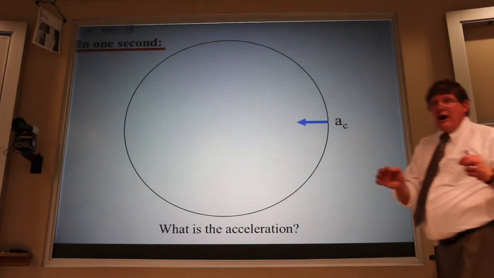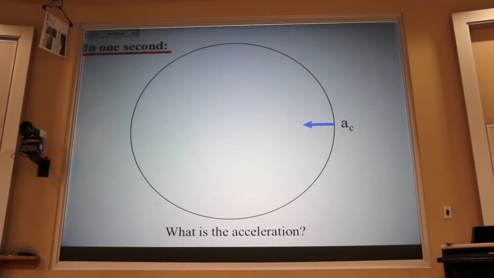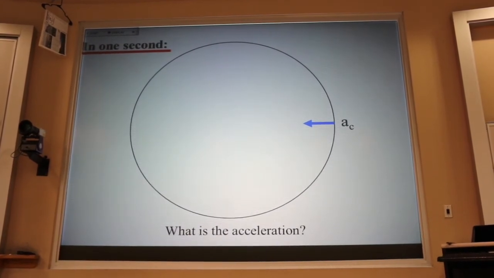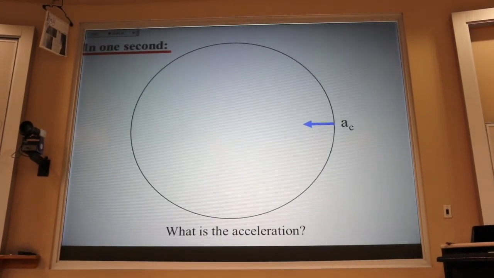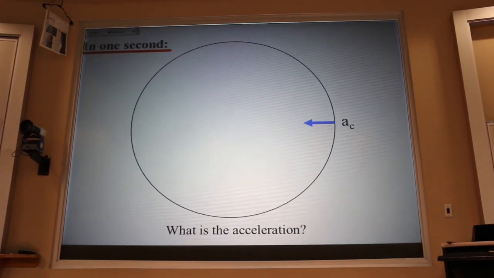Now, at no time during that derivation did I care whether that was a horizontal circle like a racetrack or a vertical circle like a loop-de-loop at the carnival. It doesn't matter. A change in the velocity vector is a change in velocity vector. And by Galileo's derivation, it's v squared over r.